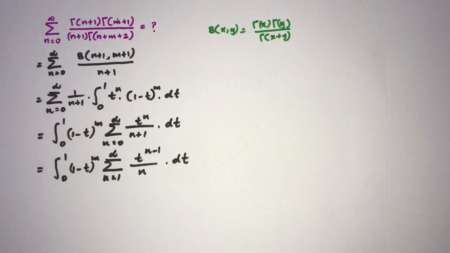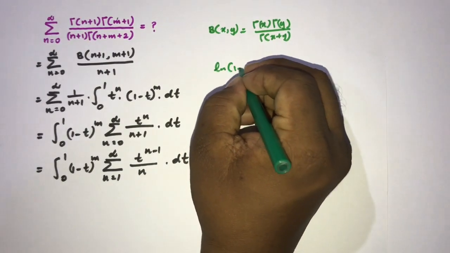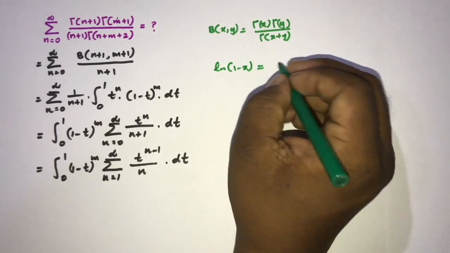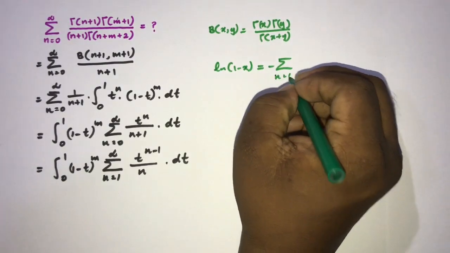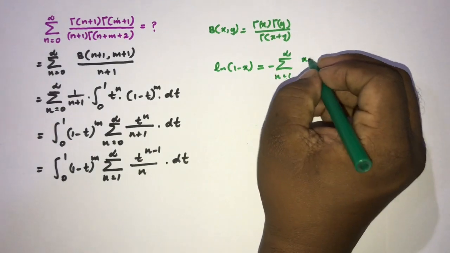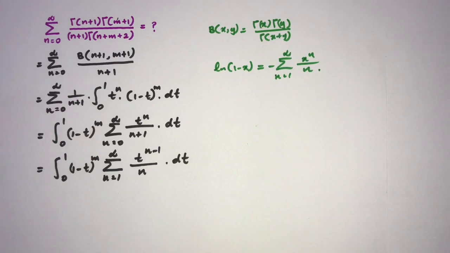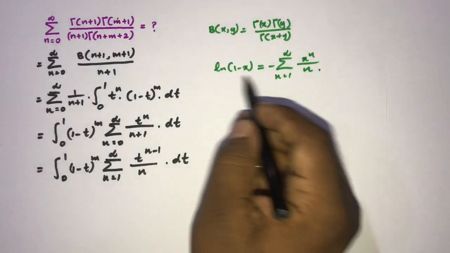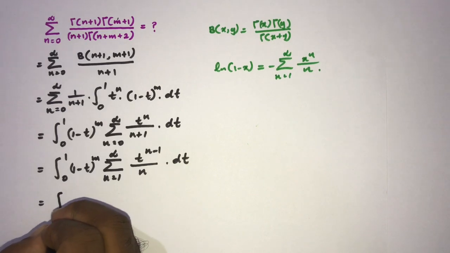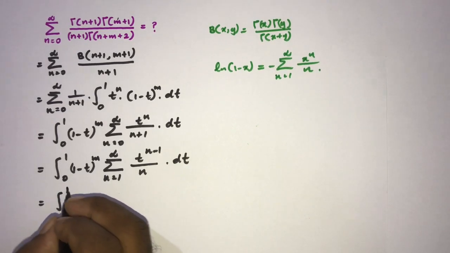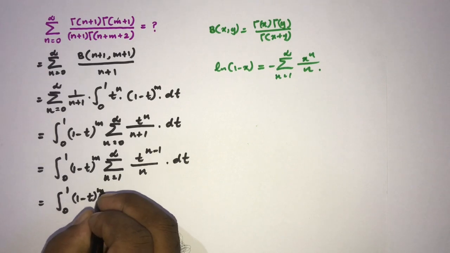Then we know natural log of 1 minus x is equal to minus the infinite sum from 1 to infinity of x to the n over n. So now here we have t to the n minus 1. If we divide by x, we will have the integral from 0 to 1 of (1 minus t) to the m.